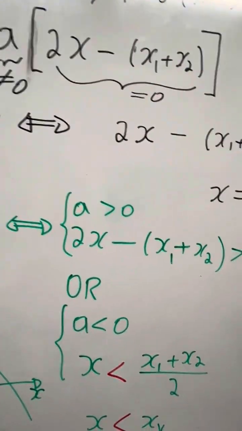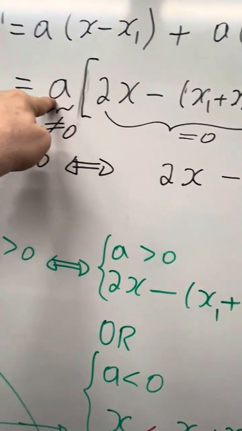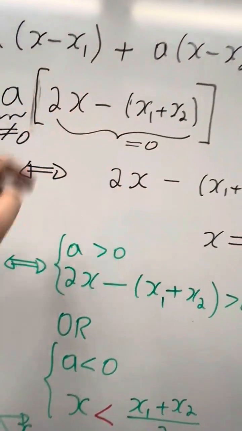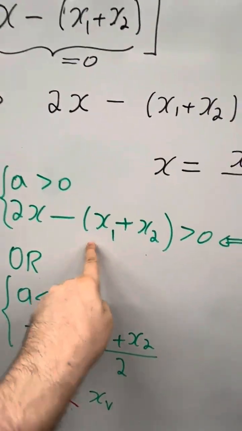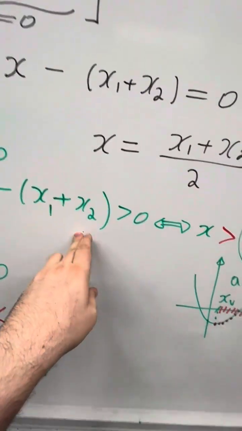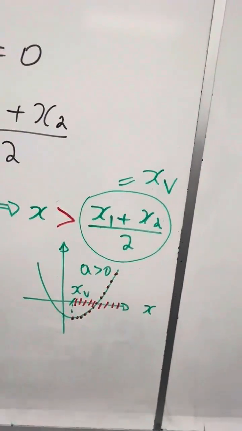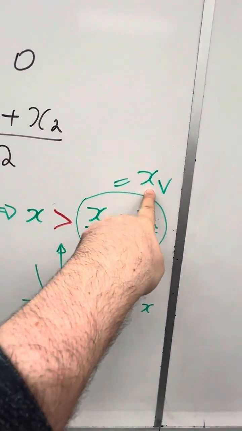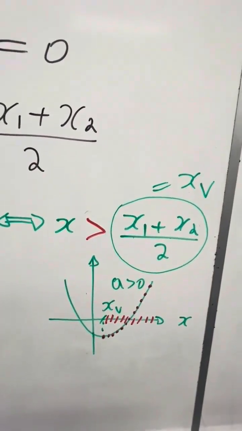So first possibility, when a is positive, it's a positive number times another positive number. This has to be positive. That is, the x has to be bigger than the average of x1 and x2. But the average of x1 and x2 is just the vertex, the x-coordinate of the vertex of the parabola.